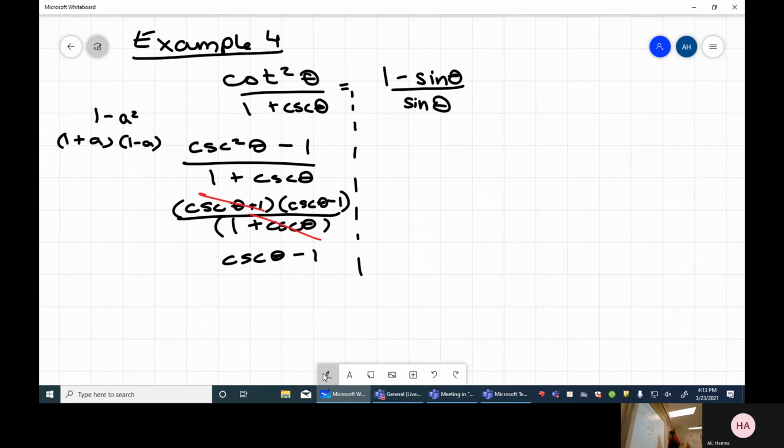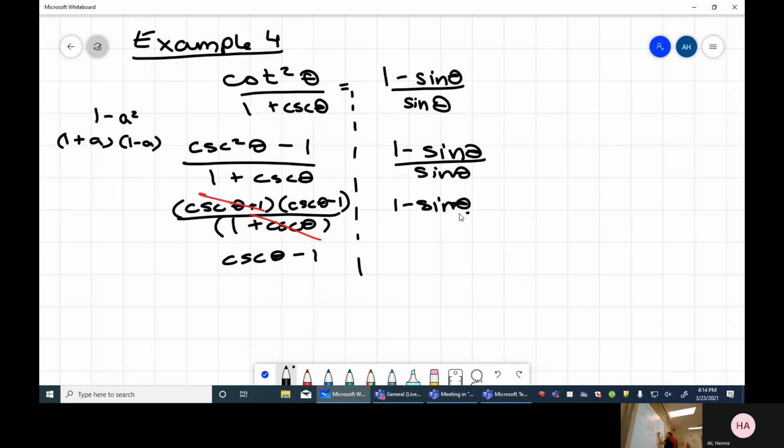I can keep going on the left-hand side, or I can try working with my right-hand side. So let's start working on our right-hand side, and I'll show you another way we can do it later. With our right-hand side, let me just write that we've kept it the same so far: 1 minus sine theta over sine theta.